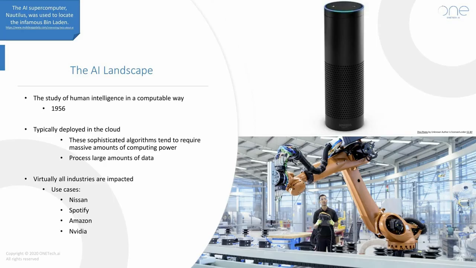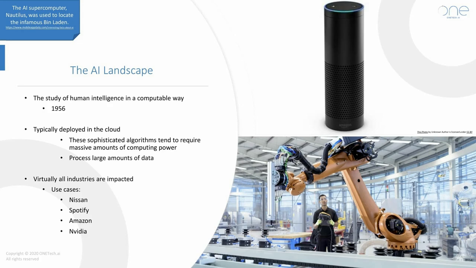And so now we're going to take a quick look at the AI landscape in today's current world. As I'm sure many of you may already be familiar with, AI can be simply defined as the study of human intelligence in a computable way. And while artificial intelligence is certainly not a new term, with the field being founded back in 1956 at a conference at Dartmouth College, AI has certainly come a long way since then.